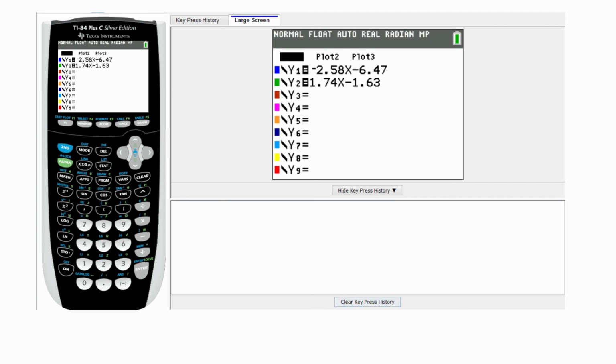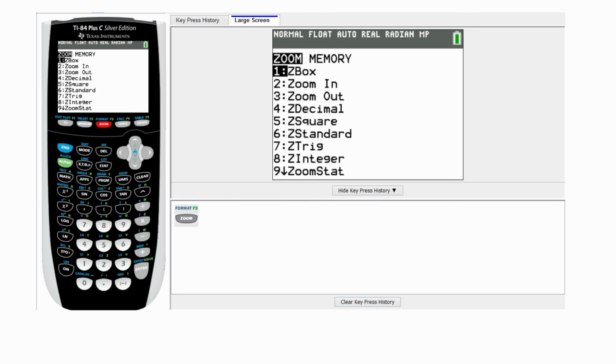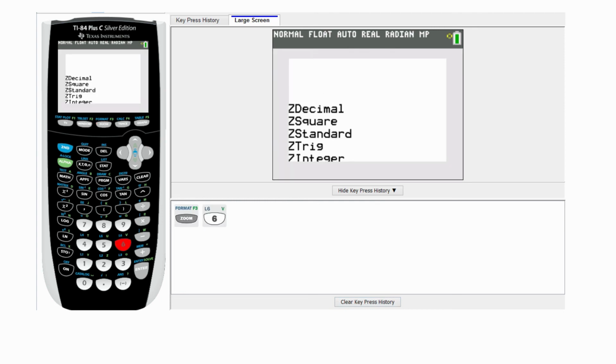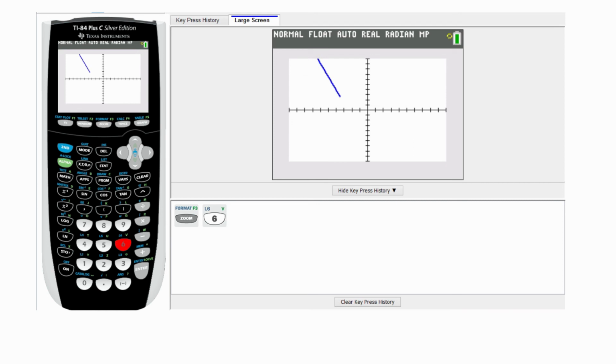So let's try Zoom again. Zoom, I'm going to go with 6 standard. And I have my two lines.